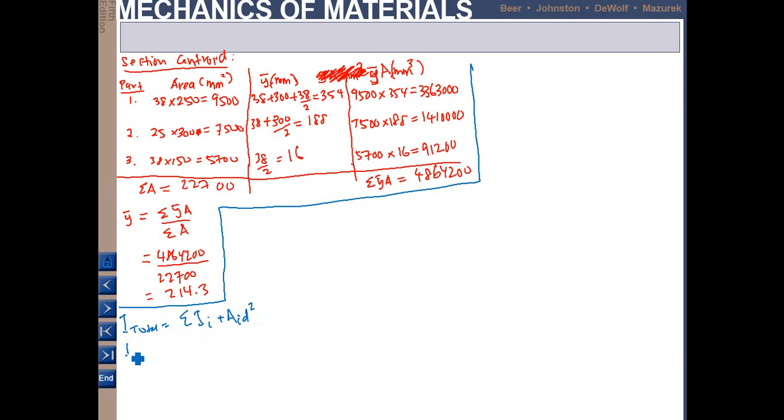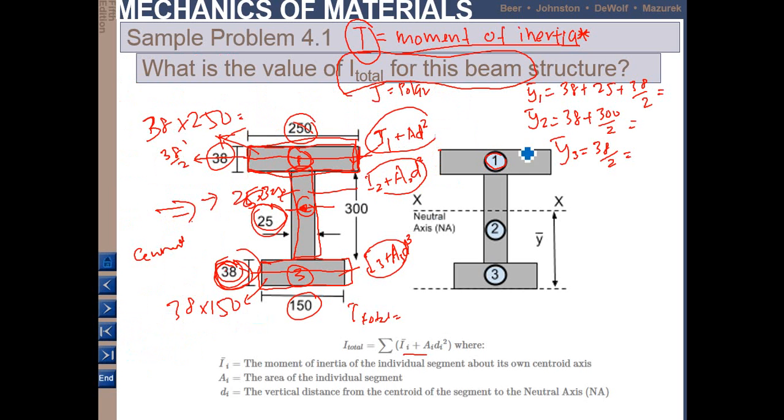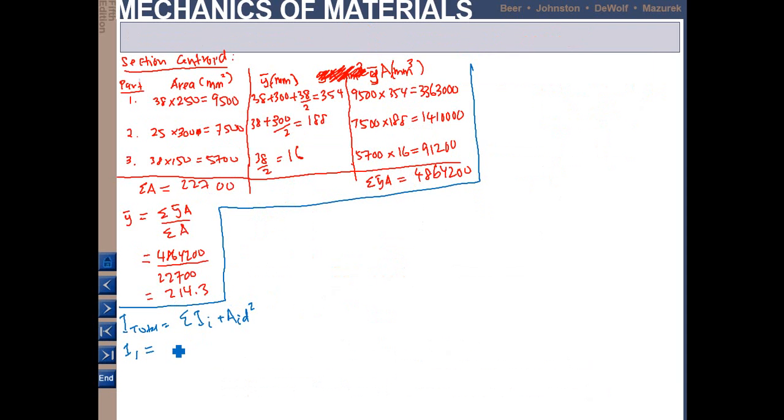For the first one, I1, which is this section, the equation is I1 plus A1 D square.